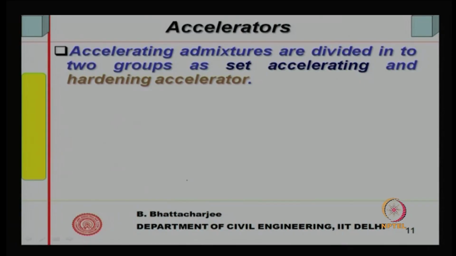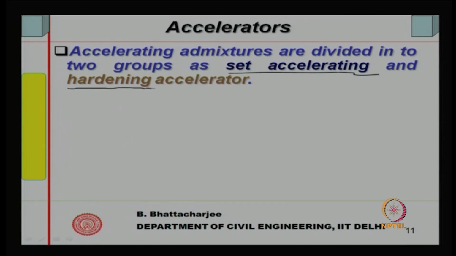Well, that was one class, and similar to this is the accelerator, which is another class of admixtures. Accelerating admixtures are divided into two groups: set accelerating and hardening accelerator. Set accelerating means it will shorten the setting time.